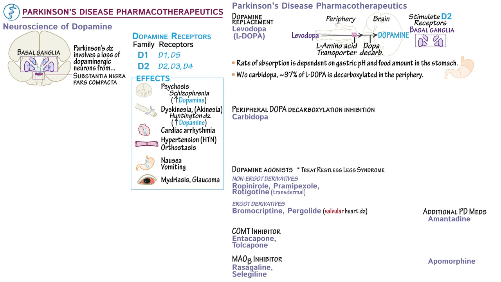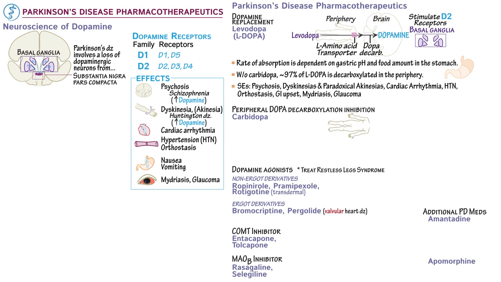Now let's review some of the key side effects of levodopa administration. Psychosis, dyskinesias and paradoxical akinesias, cardiac arrhythmias, hypertension and its opposite orthostasis, gastrointestinal upset, mydriasis, and glaucoma. Now we're ready to learn how carbidopa impacts the bioavailability of levodopa in the brain. Redraw the periphery and the brain.